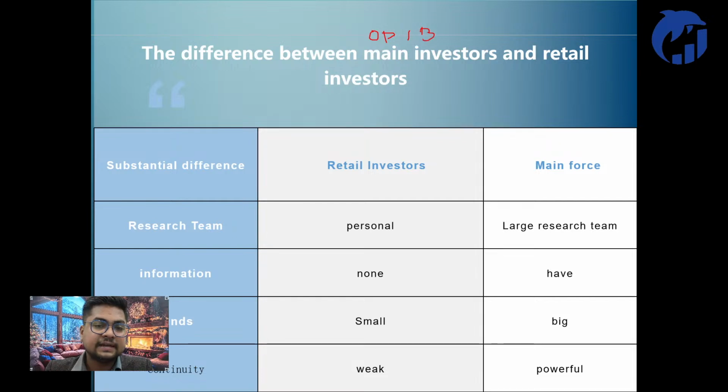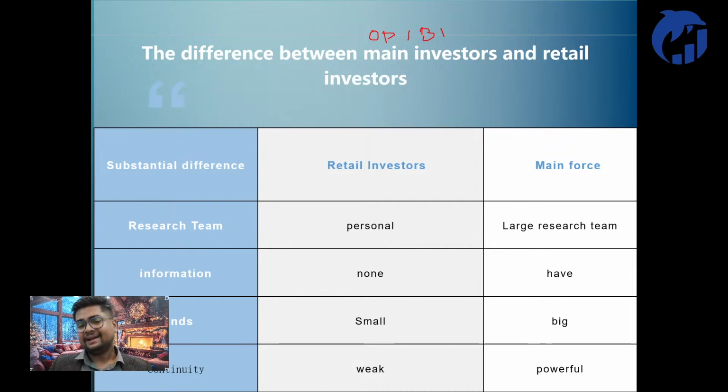Big investors and operators are the main investors in the market, and the second kind of investors we call retail investors. If we talk about the substantial difference between retail investors and the main force, retail investors have a very limited research team.